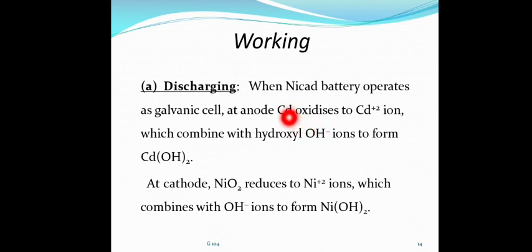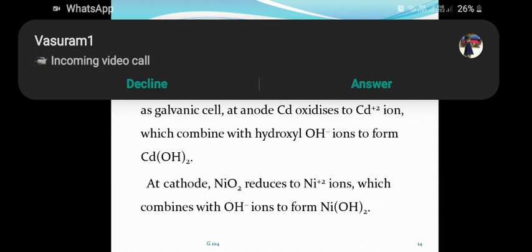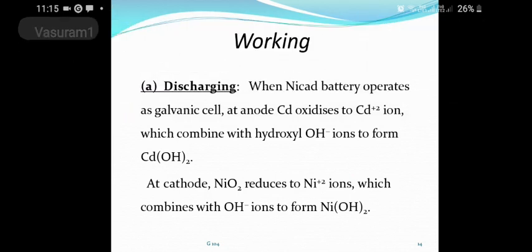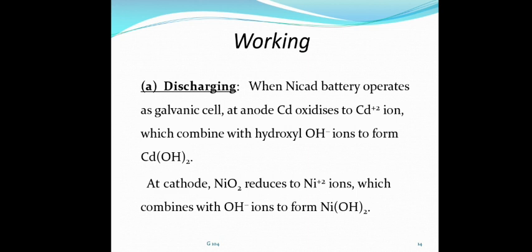Cd metal atoms first form Cd2+ and combine with the OH- to form Cd(OH)2. Ni(OH)2 is also forming, ultimately it is also forming Ni(OH)2.